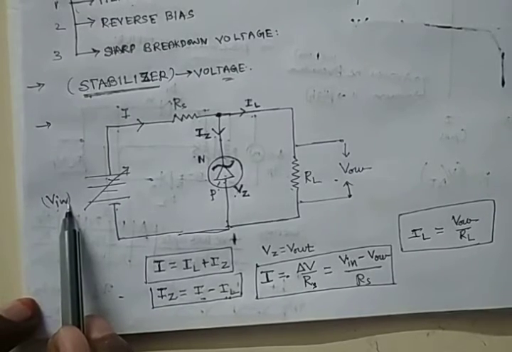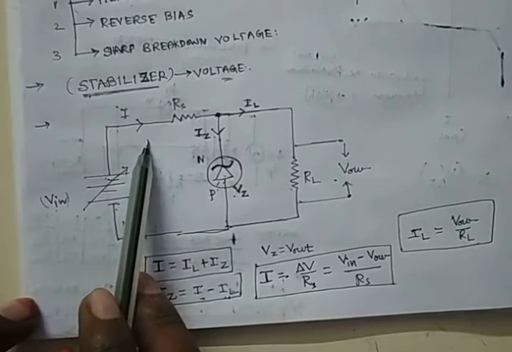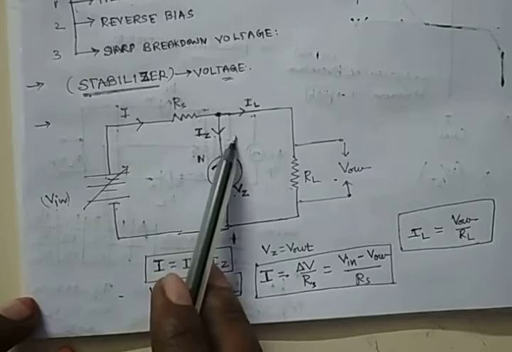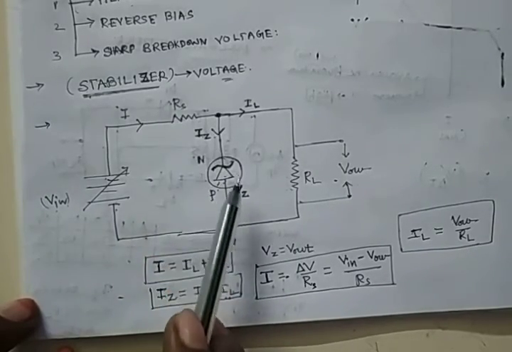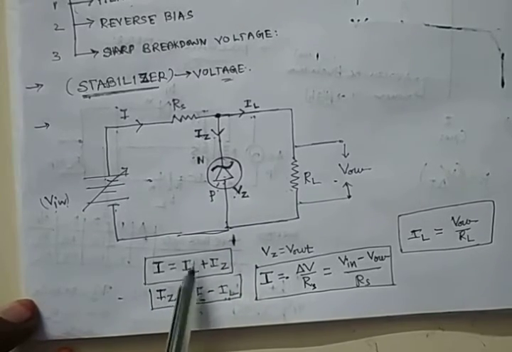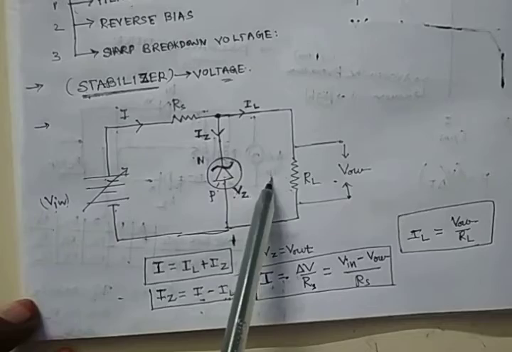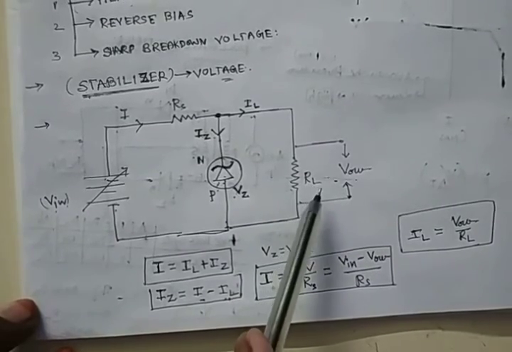The current through the Zener diode will also increase. But due to the stabilized condition, the voltage across the Zener diode remains constant. That's why the output across the load resistance should also be constant.